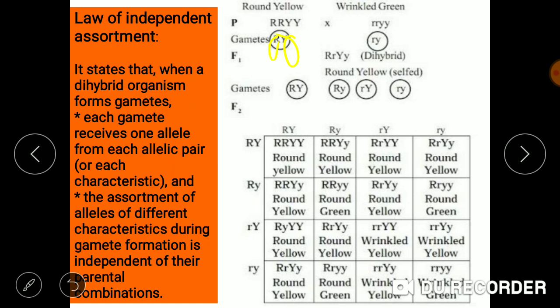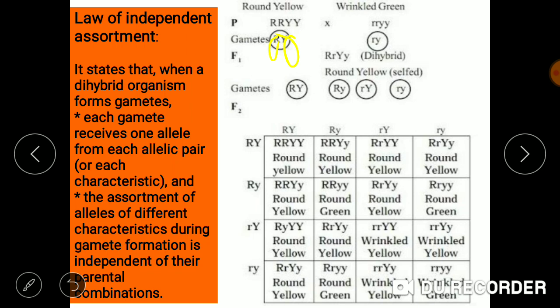Similarly, for the gamete of the other parent, you can see small r, which stands for wrinkled, the appearance, and small y, which represents the color green. So two gametes are involved and each gamete contains two characters from the parent, one the appearance and one the color.